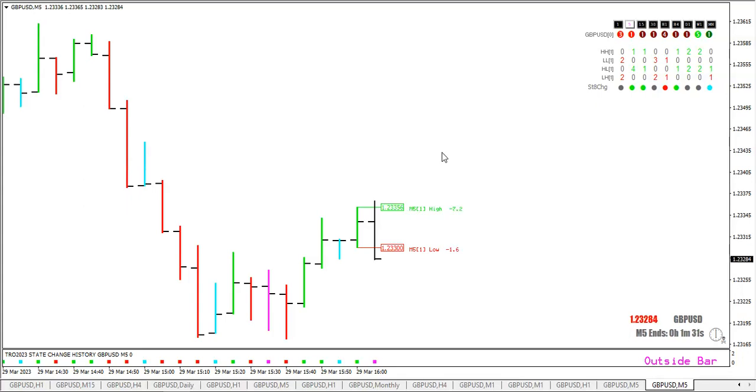As these bars or candles develop, you can also see the state change yourself. You can see, okay, I know there's going to be a state change. Why? Because it made a higher high. So it's either going to be a higher high, higher low bar, or it's going to be an outside bar.